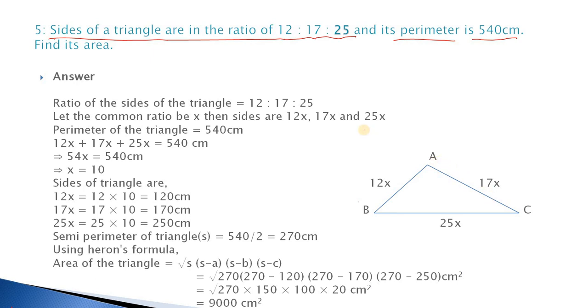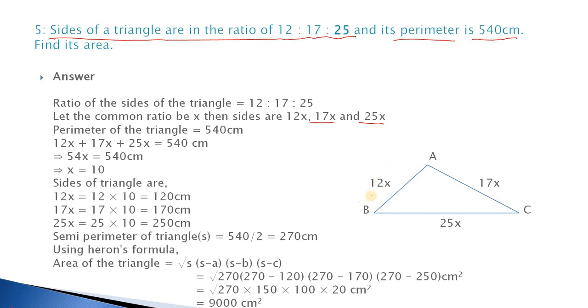The length of AB, BC and AC is given in ratio. So the ratio of the sides of the triangle is 12, 17 and 25. Let the common ratio be x, then the sides are 12x, 17x and 25x.